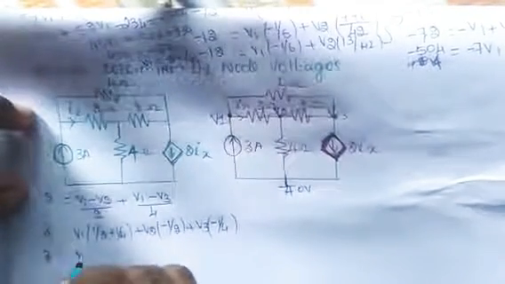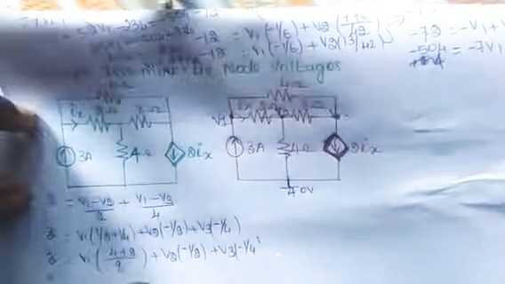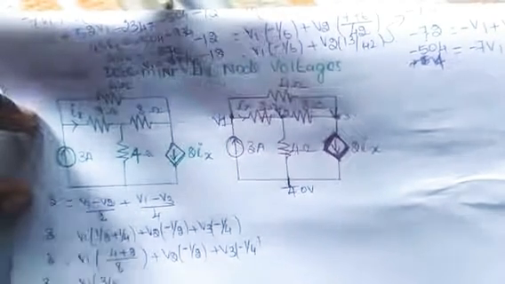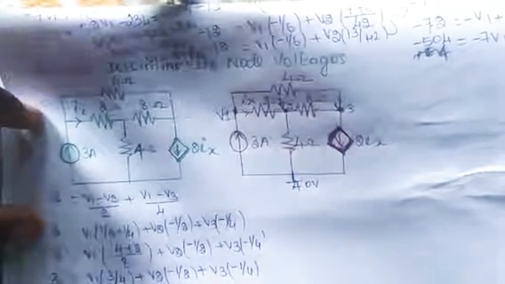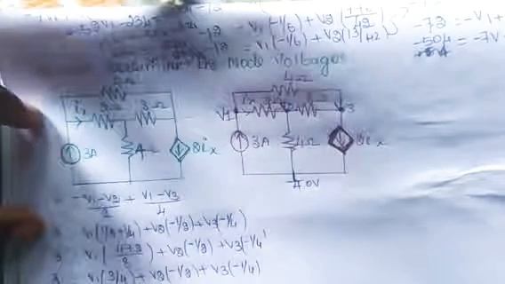So 3 is equal to V1 into (4 plus 2)/8 plus V2 into minus 1/2 plus V3 into minus 1/4. 3 is equal to V1 into 6/8, that can be written as 3/4, plus V2 into minus 1/2 again plus V3 into minus 1/4. And multiplying the whole equation by 4, 12 is equal to 3V1 minus 2V2 minus V3. This is my first equation.